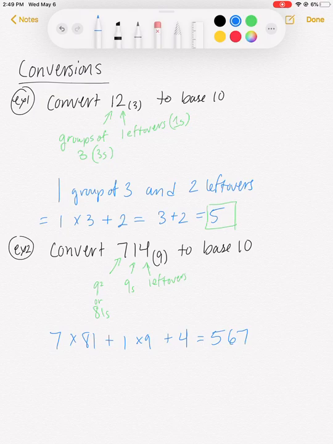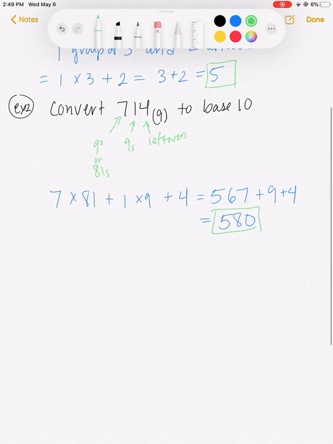And plus 9 plus 4. And that's going to equal 580. So I have 567 plus 9 is 576, plus 4 is 580. So double checking that, there's that one, 580 base 10.